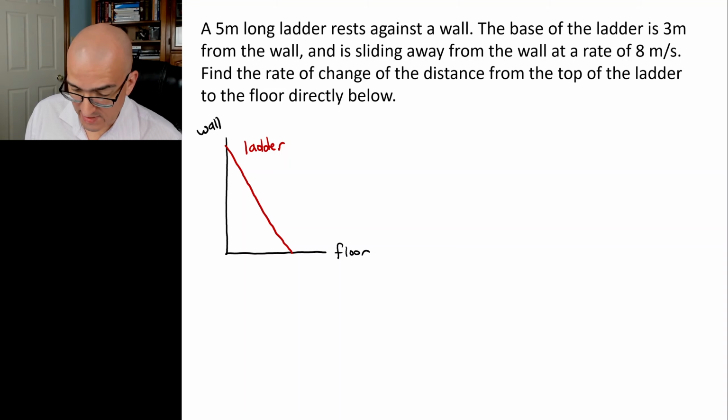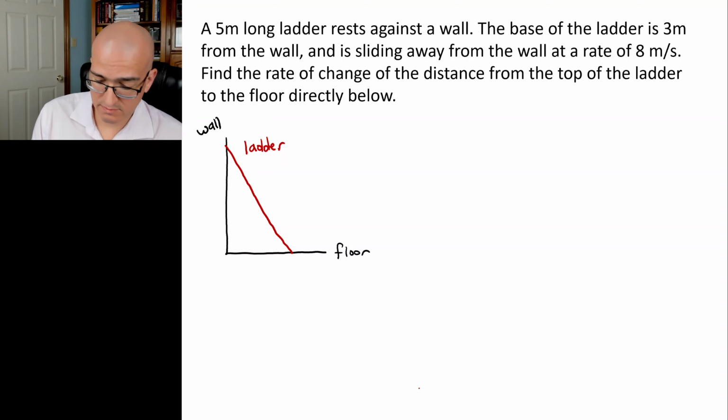It says that the ladder is 5 meters long, so I'm going to start labeling these sides. I'm going to say that this side is, see, it's arbitrary, right? I can use L if I want, for the ladder. I can use D, because I used D in the last one for the hypotenuse of a triangle. It's up to you. I'll pick L, give it a name.